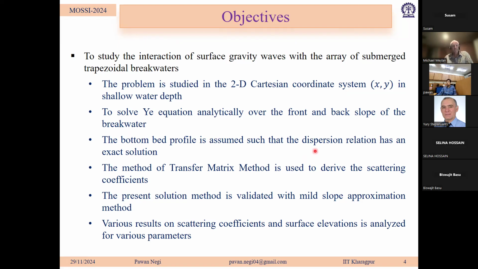What I mean by exact solution, I will discuss in the further slides. And then for the method of solution for an array of trapezoids, we use the transfer matrix method. The present method will be validated against the mild slope approximation. Earlier, the researchers have used the mild slope approximation to counter this problem.